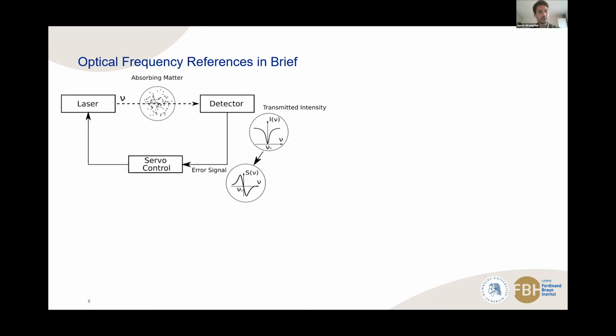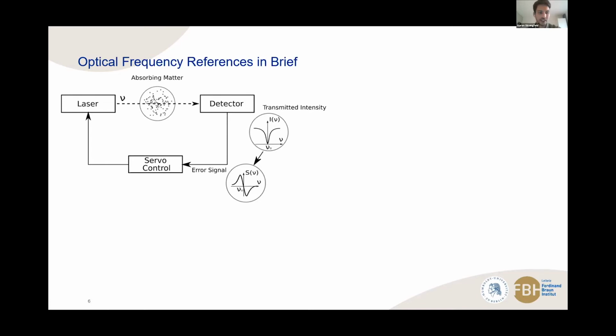By some spectroscopy method, you can then translate this Lorentzian dip into an error signal. By using this error signal and the zero transition through the absorption line center frequency, you can stabilize the laser. And then there it is, the frequency reference, a laser stabilized to an atomic transition.